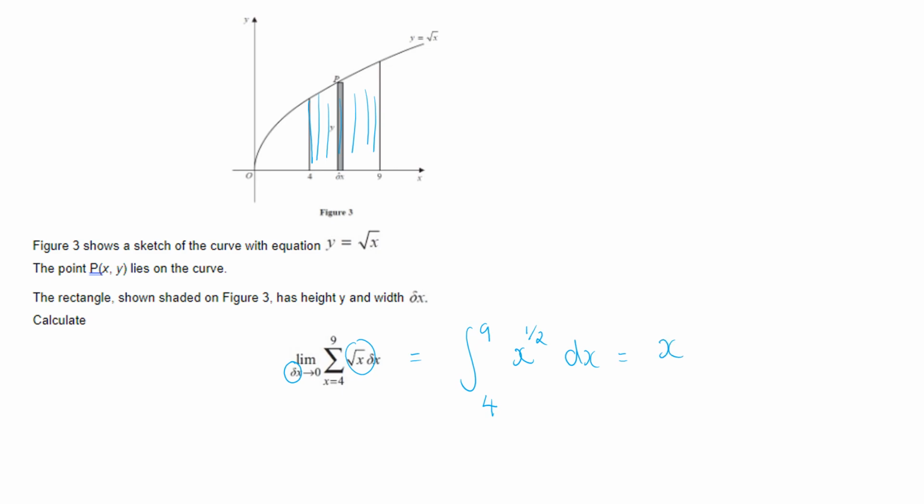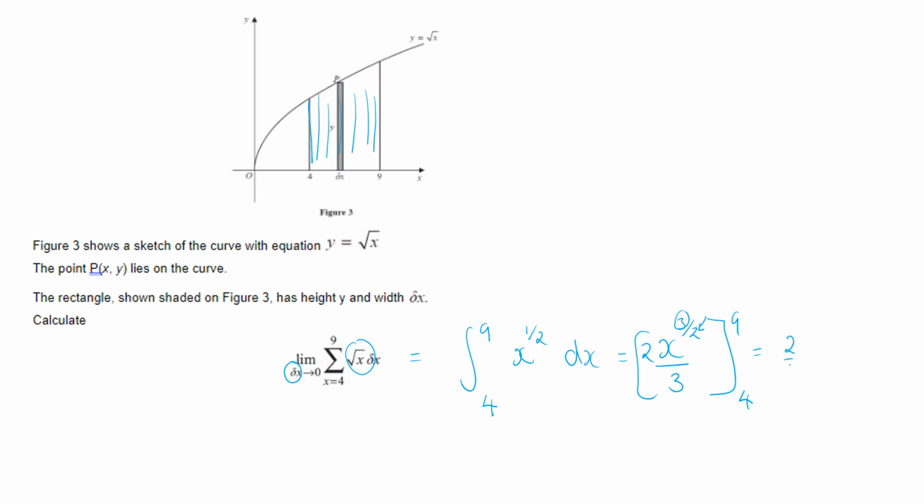So adding 1 on to a half will be 3 over 2. Dividing by the new power, when we divide by 3 over 2, it's the same as timesing by 2/3. And we're going between 4 and 9. So sub 9 in. This 2 here will mean the square root of 9, which is 3, and then 3 cubed is 27.